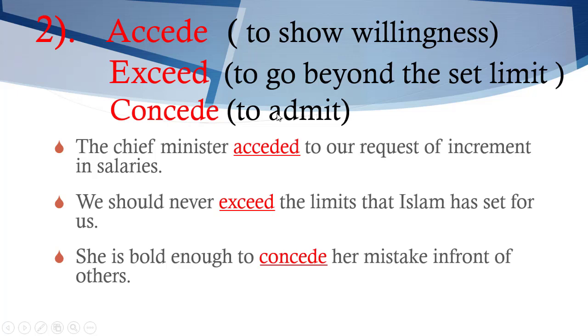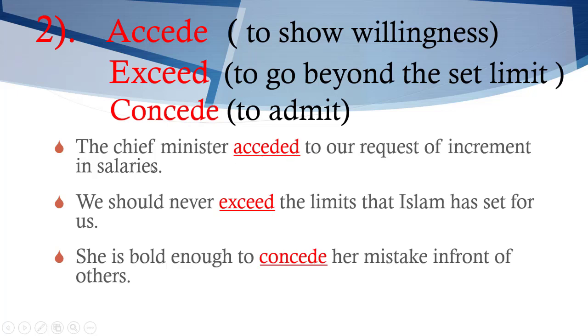You can see they are almost similar but have entirely different meanings. So how can we use the first word into a sentence? The chief minister acceded to our request of increment in salaries. Means the chief minister showed his willingness.